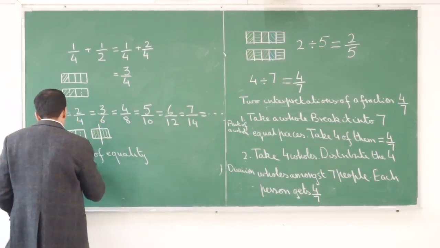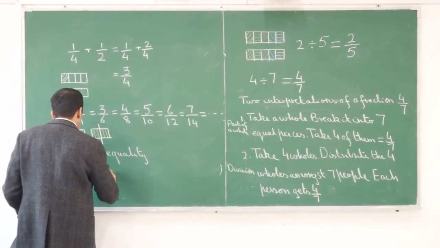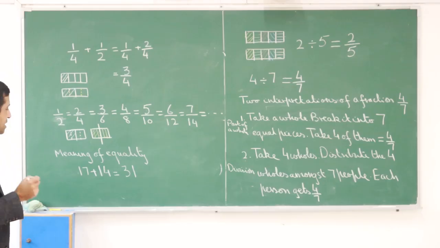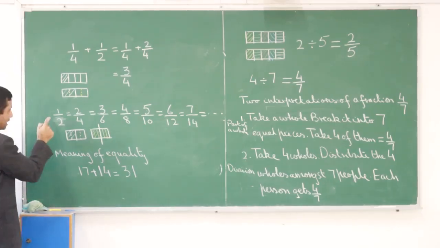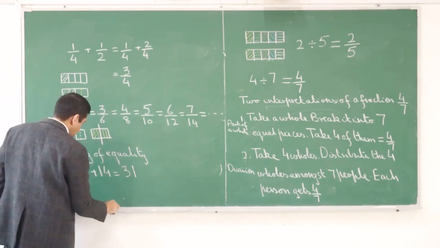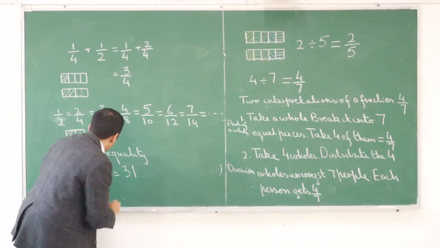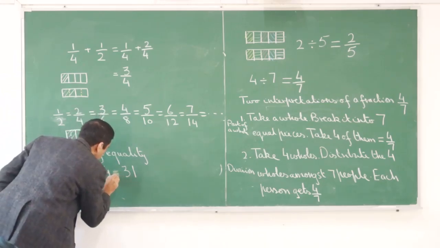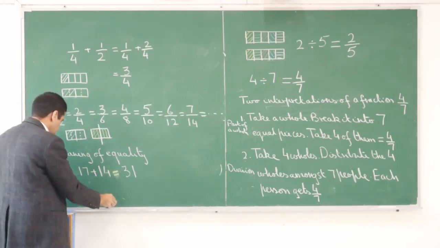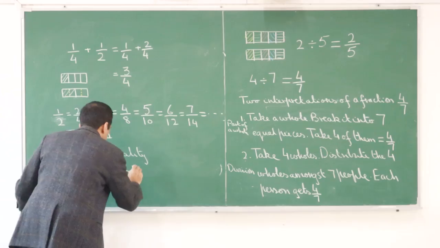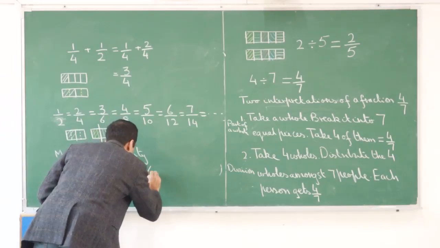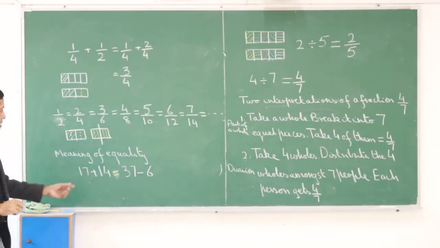So here, 17 plus 14 we know is equal to 31. Here it's not that meaning of equality. This meaning is not the same as this meaning of equality. So maybe I should call this a yellow equality, and this a white equality. It's a different equality. This yellow equality is one meaning of equality, which is to do a calculation. I could do it even worse, I could say this is equal to 37 minus 6. There you go. Okay, so this is 31, this is 31.